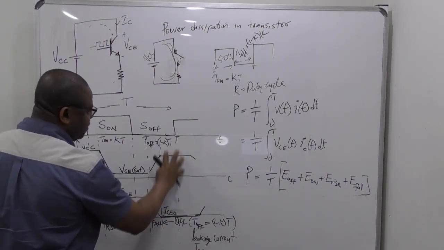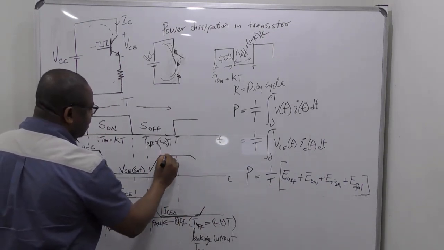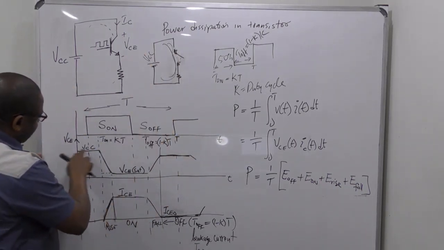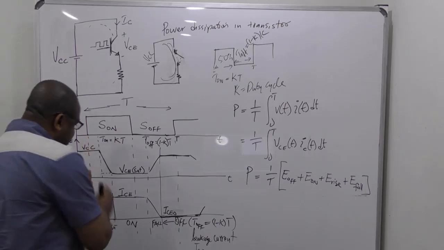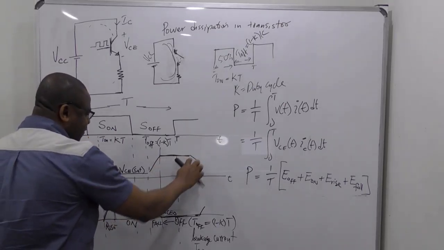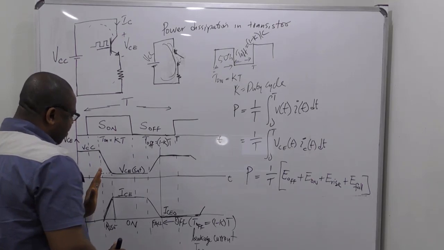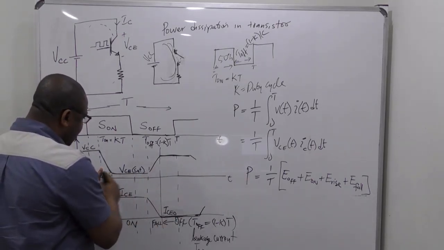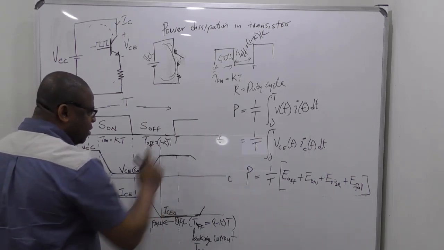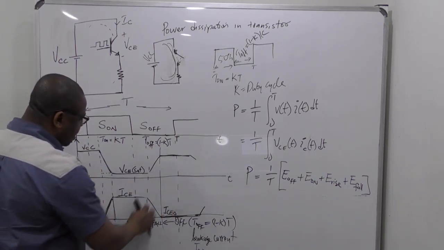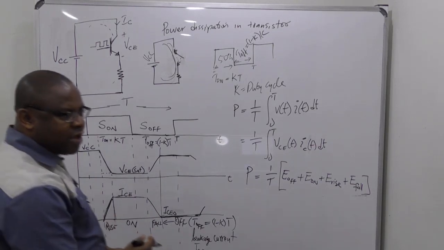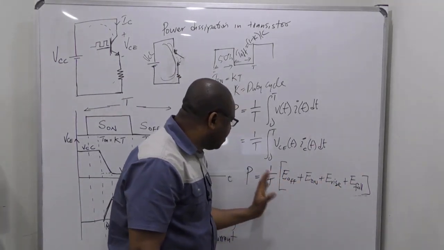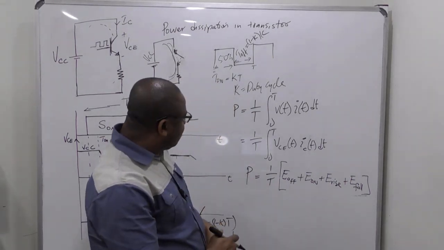Remember, in this section when it is off, the voltage increases. Now I later add it with E on, which is from here to here, then E rise, and then E fall. Once I get the whole of that, divided by this period, that gives you the power. You get that?